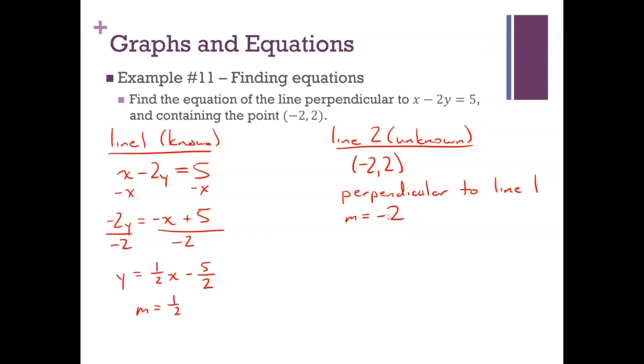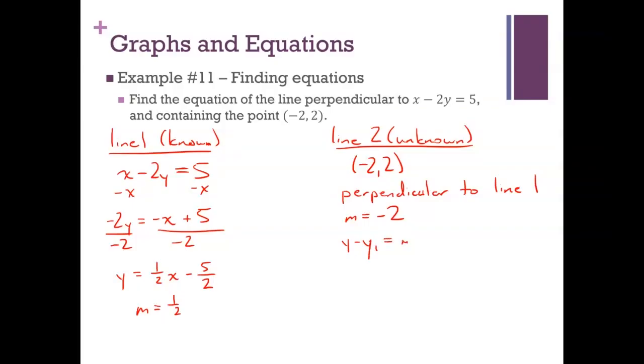Do we know enough about line 2 to start figuring out what its equation is? So we have a slope and we have a point. So how does that help me figure out an equation? I can do point slope because I don't know the y-intercept this time.